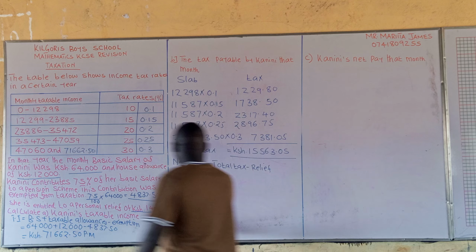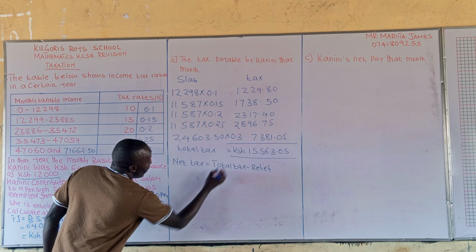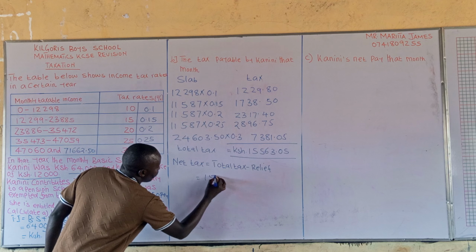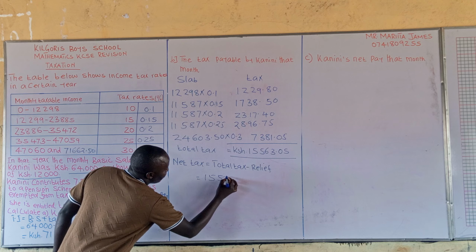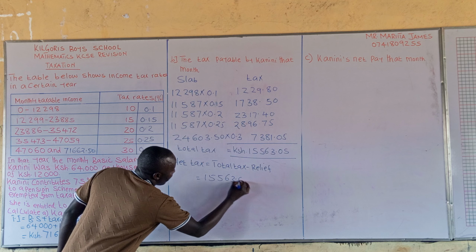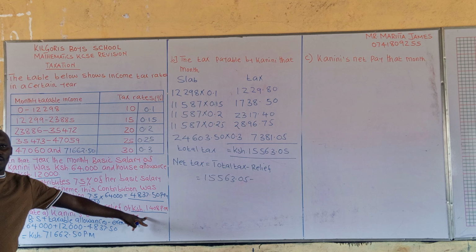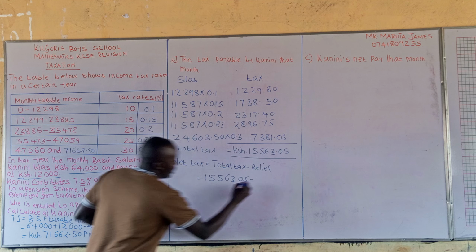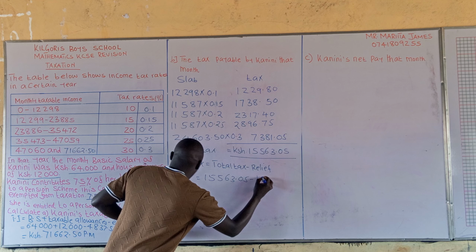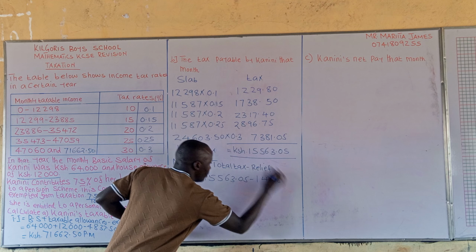1,408. So the net tax now is equivalent to the total tax, which is 15,563 and 0.5 cents, minus now one personal relief of 1,408 per month.